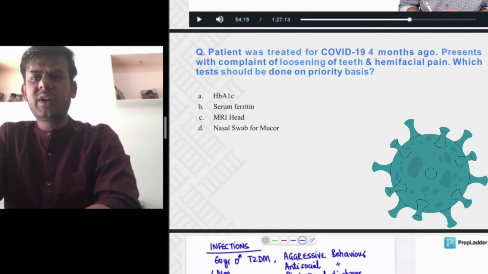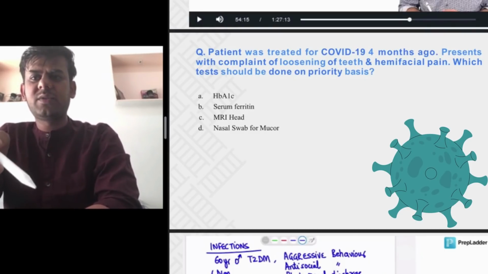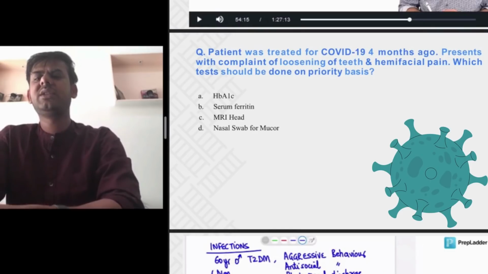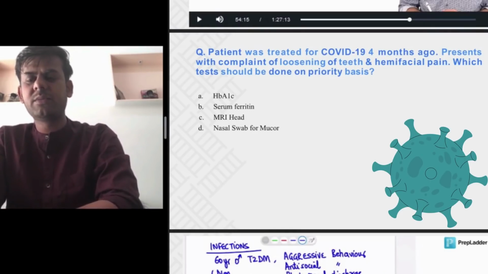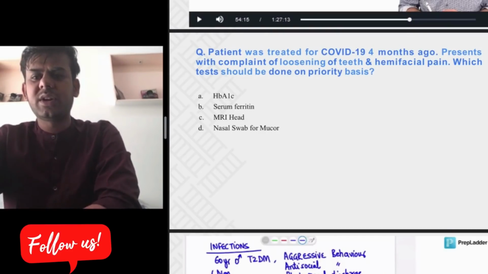One patient came with loosening of teeth and hemifacial pain and a previous history of COVID-19. So what will be the cause, and what will you do to confirm your diagnosis? So this is probably a case of mucor, because mucor has been quite common in post-COVID patients, and to diagnose mucor we have to go for a nasal swab for mucor.